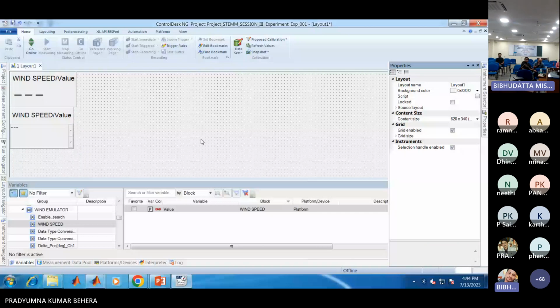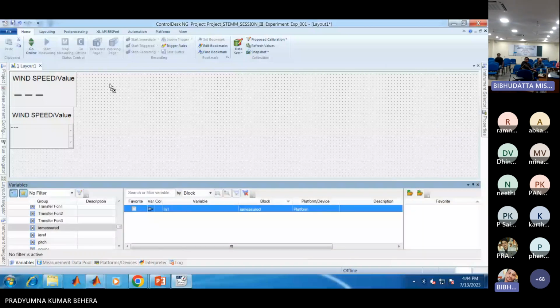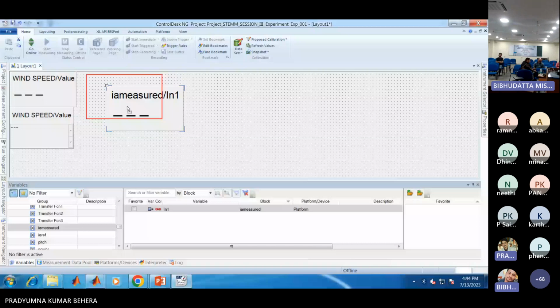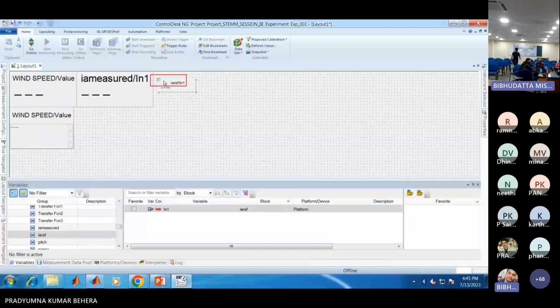Next, I will bring the measured armature current. I'm using the display button to show you the measured armature current over here. Next, I will bring the armature reference current. So this will show our measured armature current and this will show our reference armature current. These two should track each other.